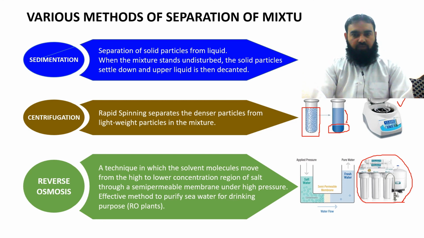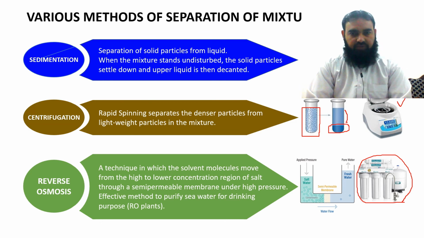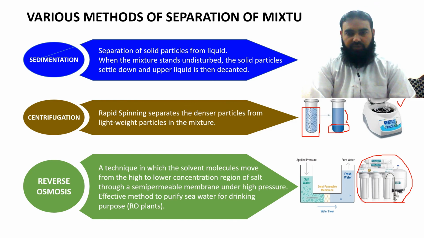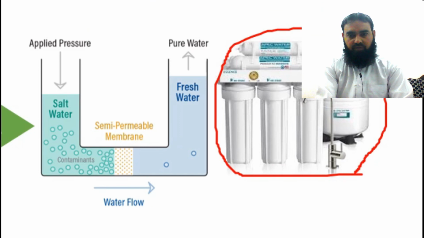So in reverse osmosis, what we actually do is apply pressure, and the liquid molecules move from a region of higher concentration to a region of lower concentration. In this example, we have salty water having a high concentration of salt, and there is a semi-permeable membrane. When we apply pressure over it, the water molecules will move across the semi-permeable membrane, and we will get fresh water or pure water in this column.